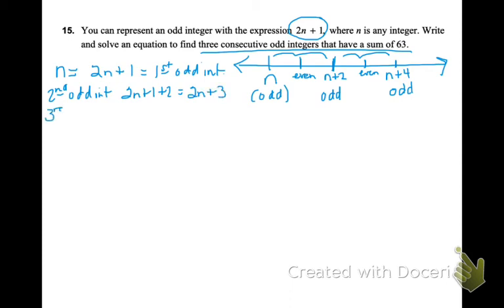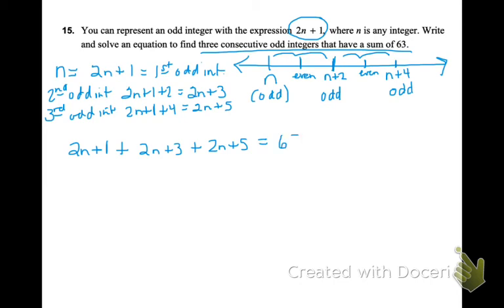Our third odd integer is 2n plus 1, which is our n, and we have to add 4 to it because it's 4 places away from the first odd integer, so it's 2n plus 5. So now our expression is our first odd integer, and they made us use this expression, 2n plus 1, plus our second odd integer, 2n plus 3, plus our third odd integer, 2n plus 5, to be equal to 63.